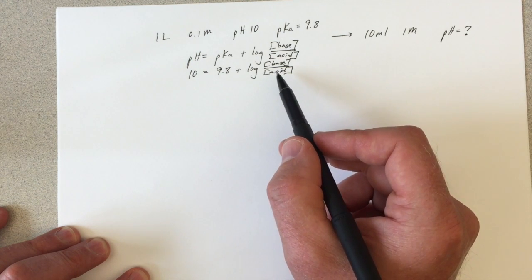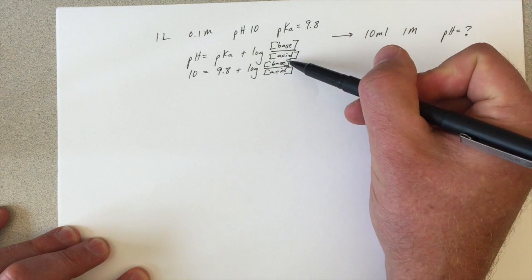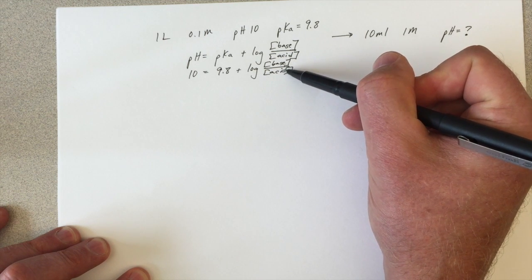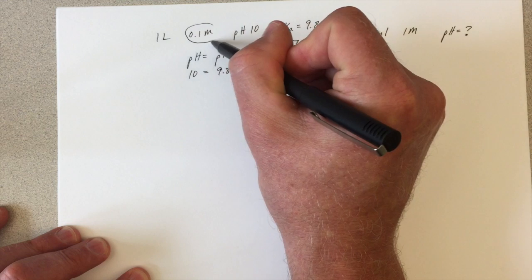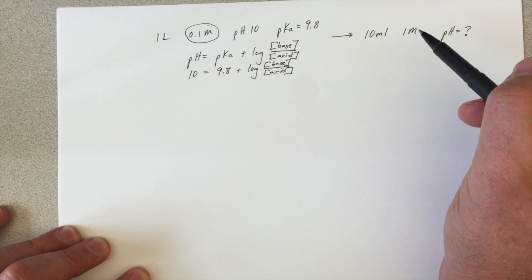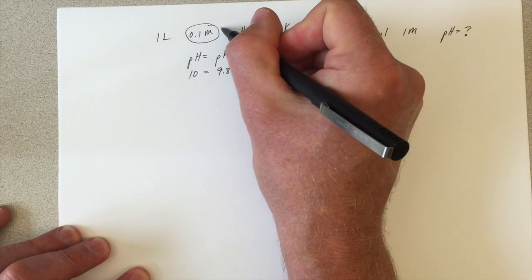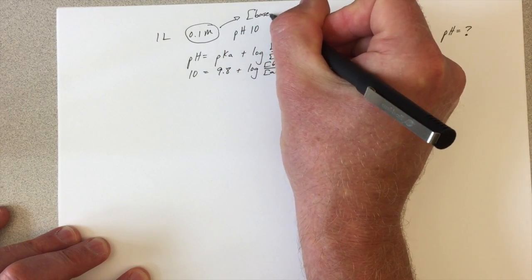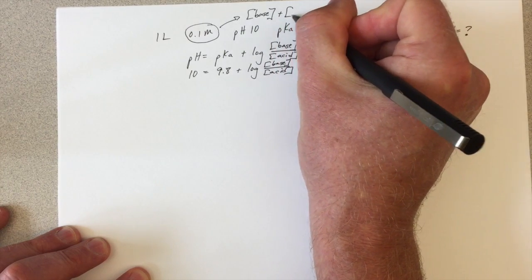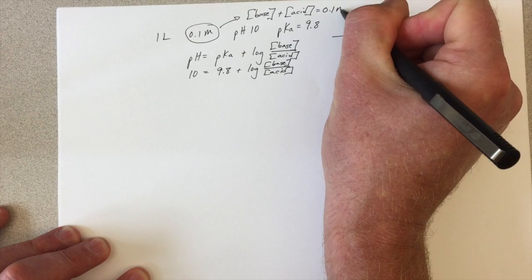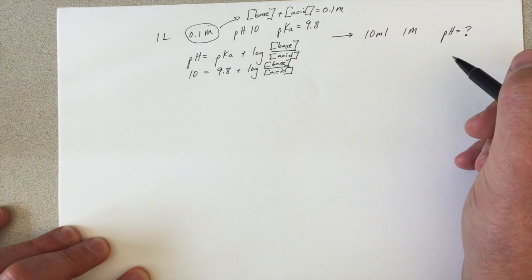We need another equation. And although we aren't told the specific concentration of base or acid, we are told the total concentration of these components in the buffer. It's a 0.1 molar glycine buffer. What that means is that the concentration of base plus the concentration of acid equals 0.1 molar, and that's our second equation.